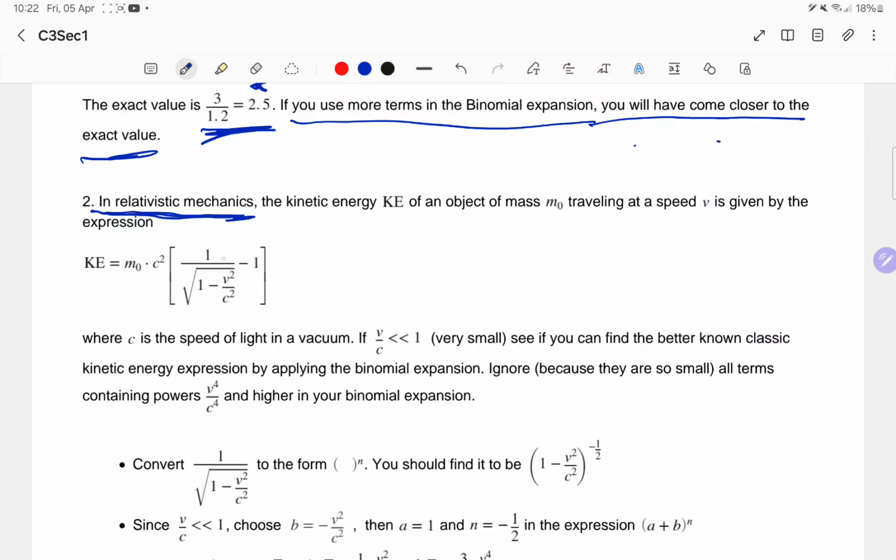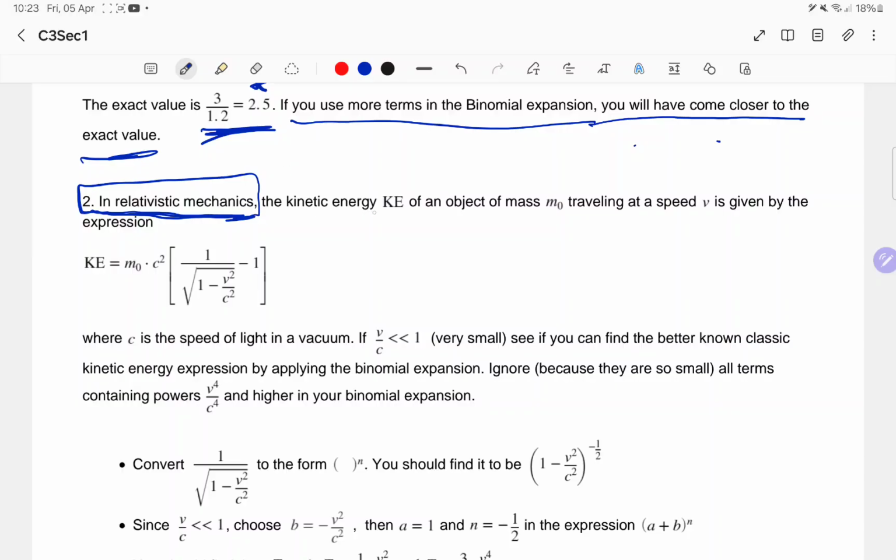Special relativity looks at how objects move relative to the speed of light. For general relativity, we are looking at how objects move relative to each other. If you have time and you're interested in physics, please look these two theories up. They're very fascinating. You're going to love them.